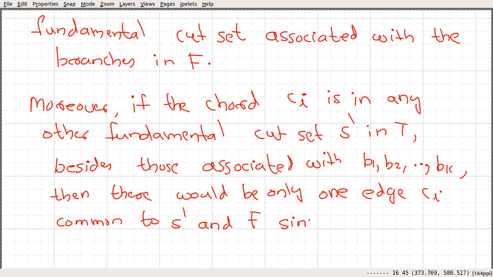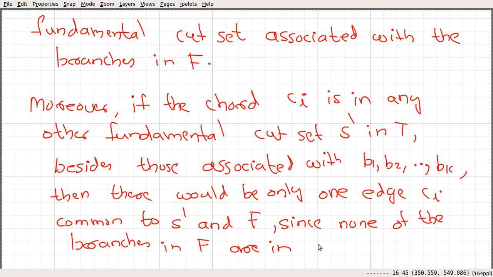since none of the branches in F are in S dash.